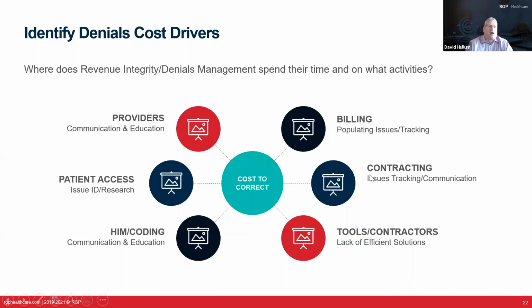So we talk about cost drivers when we're relating to denials and adjustments. I'm not going to spend a lot of time on this, but I want you to understand there are cost drivers associated with denials management across the entire organization, okay? Providers contribute to it, patient access contributes to it, coding, billing, and contracting, okay? Tools and contractors also need to be included when you're identifying cost drivers.